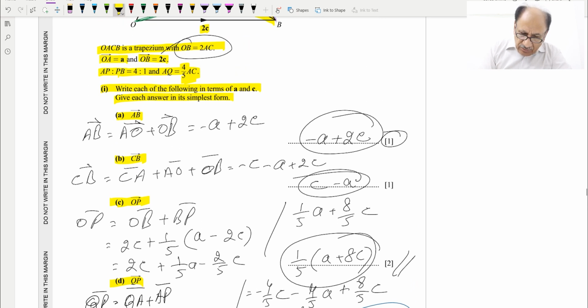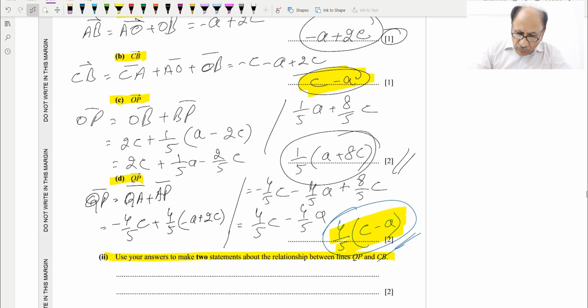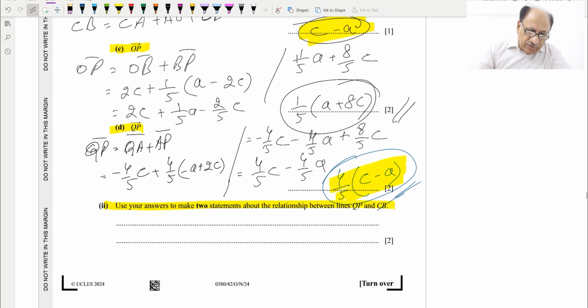If you multiply CB by 4 by 5, we will get QP. So one thing which we can write is QP is equal to 4 by 5 of CB, and this is what we need to mention.